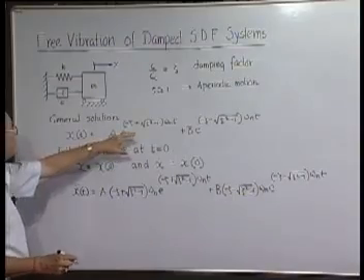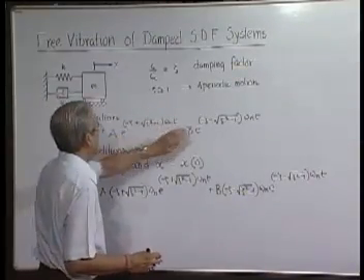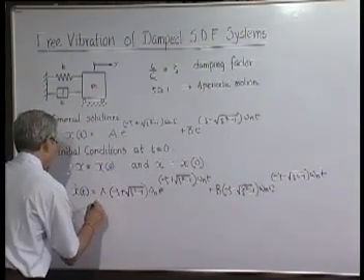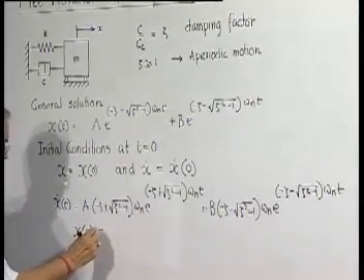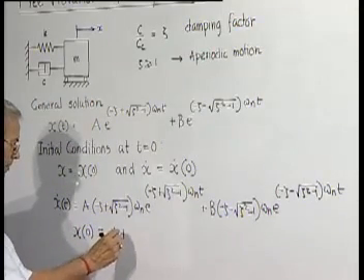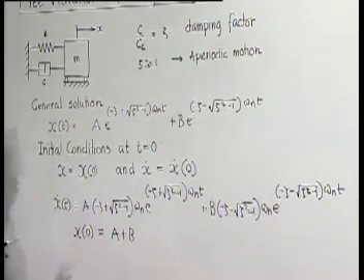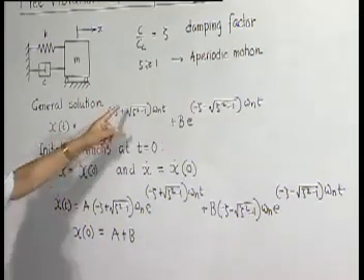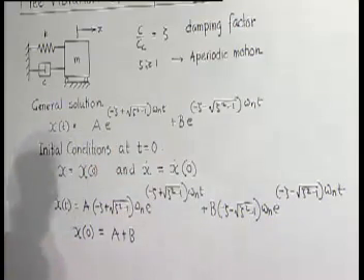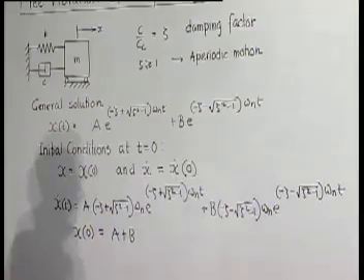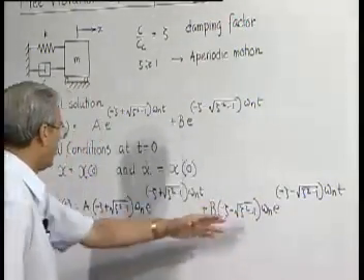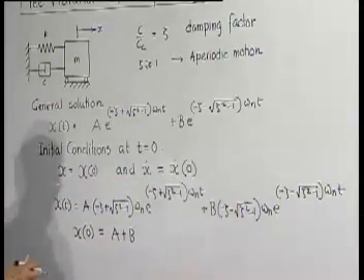So t equal to 0 means this will be equal to 1, this will be equal to 1, or x0 equals A into 1 plus B. Similarly, when we put this condition, at t equal to 0, again this is 1 and this is 1, and what remains is equal to x dot 0.